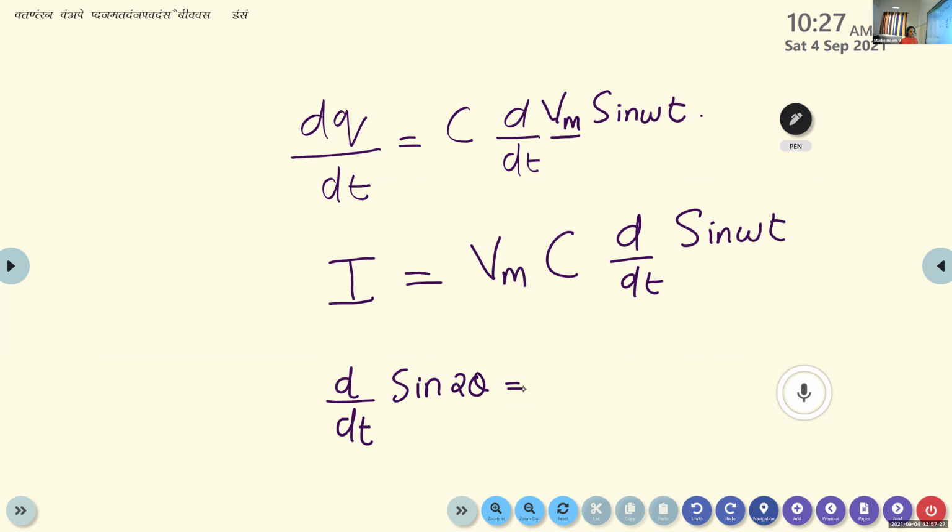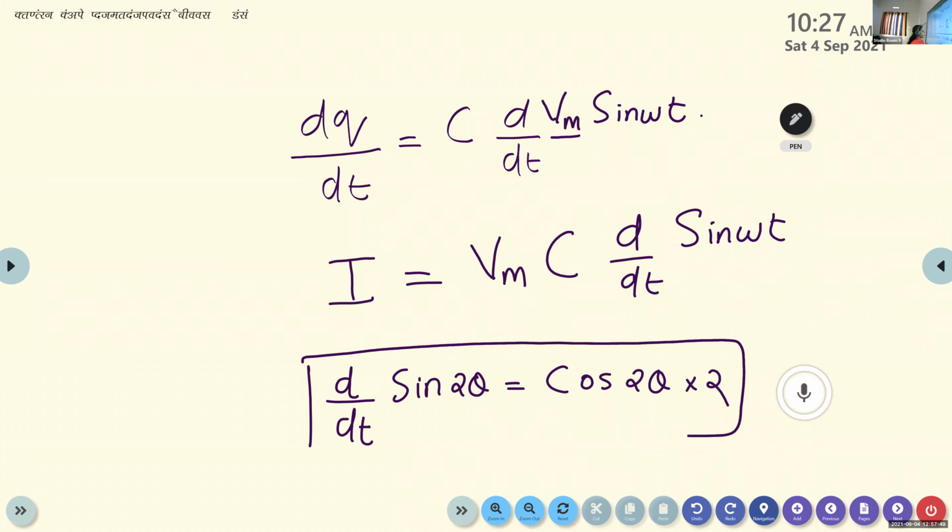What is the derivative of sin 2 theta? The derivative of sin 2 theta, that is d by dt of sin 2 theta, is equal to cos 2 theta into 2. This is the solution for d by dt of sin 2 theta, that is cos 2 theta into 2.